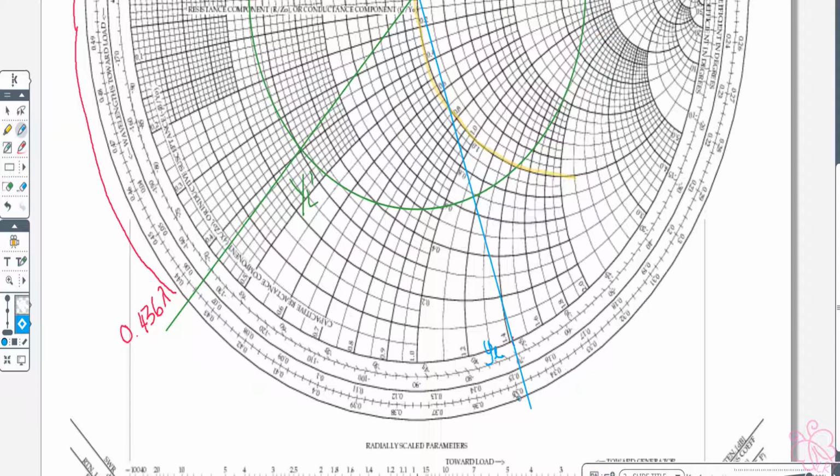At the outermost, our YL is at, this is 0.34, this one is 0.35, so I can say it is around 0.348 lambda.